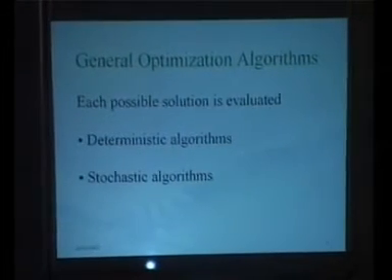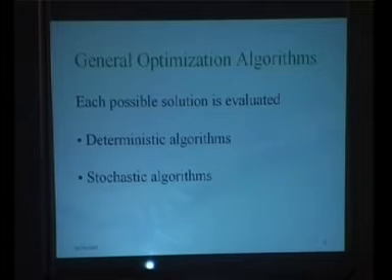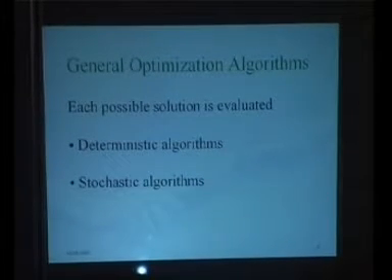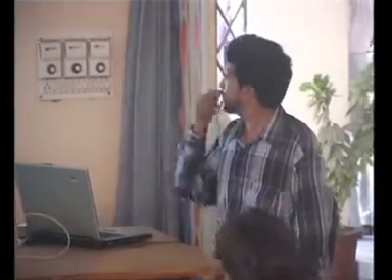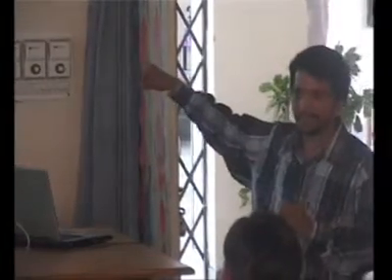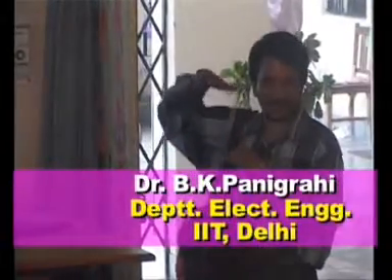You know that each possible solution is evaluated either by a deterministic algorithm, a fixed method, or by the heuristic method, the random search method or stochastic search method. Here I make a category of all these deterministic algorithms, because we have discussed a little bit of the hill climbing method. Hill climbing means the gradient ascent or gradient descent method.